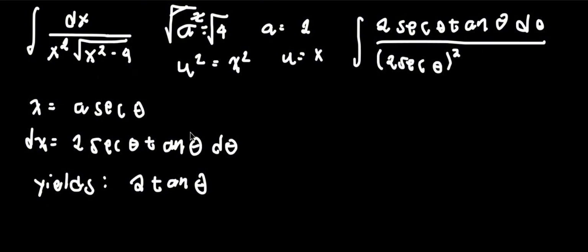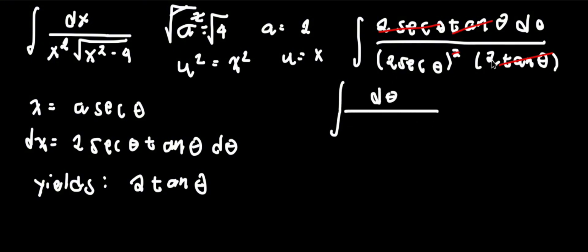And itong value na to, that would be what it yields to, so basically 2 tangent theta. Well, as we have noticed, pwede itong makancel, and isa na lang yung matitira from 2 secant theta squared. So basically, yung bagong equation would be d theta all over, so 2 times 2, that would be 4, secant theta.